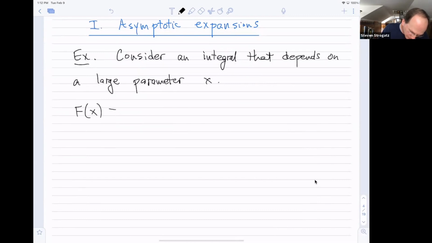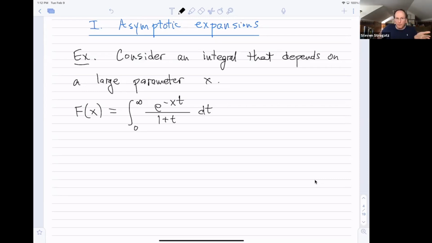F of x is defined as the integral from 0 to infinity of e to the minus xt dt, and in the denominator, 1 plus t. So you see x is playing the role of a parameter. We're integrating with respect to t over the whole positive part of the real line. And so we're going to fix a value of x. Just regard x as some positive number, at this point not necessarily large, although later we're going to let it be large.